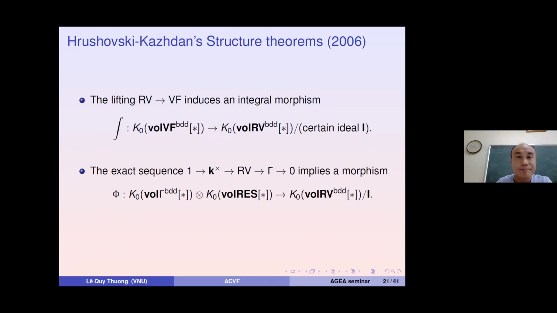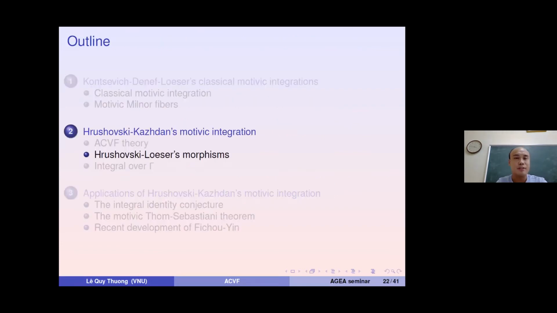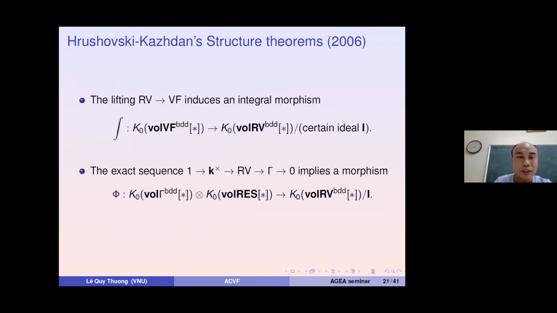It's a nice one. And so based on the two morphisms, Hrushovski and Loeser construct some more ring morphisms in order to describe the motivic Milnor fibers in terms of some definable subsets in the Hrushovski-Kazhdan model of integration.